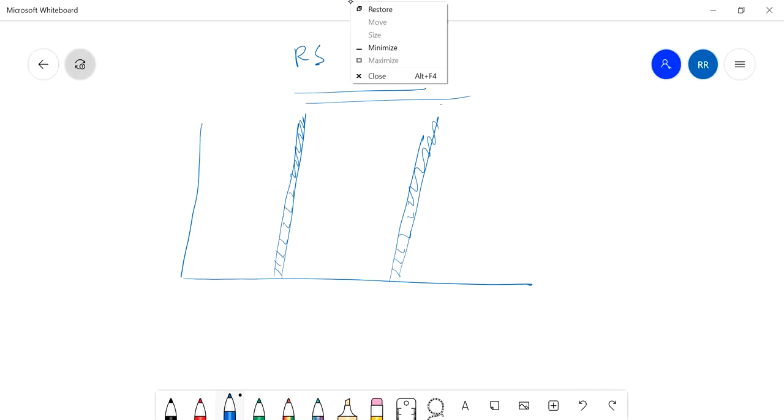And one more thing, what is the sounding reference signal? It is in uplink.